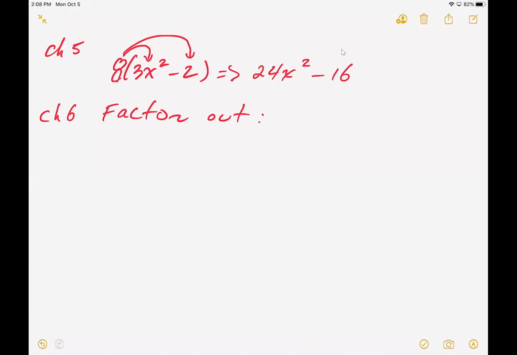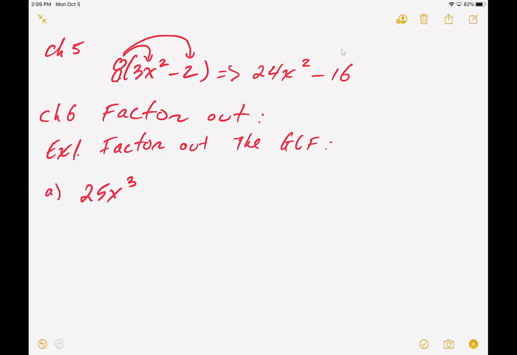No matter what the question is, for instance, continuing with example 1, they ask you to factor out the GCF, greatest common factor. So how do we factor out a GCF? Let me make it easy and give you 25x to the third plus 15x squared minus 35.